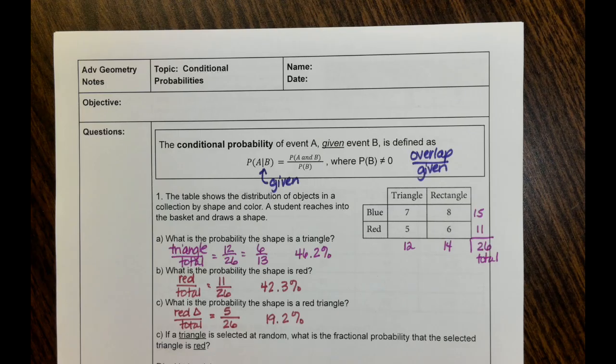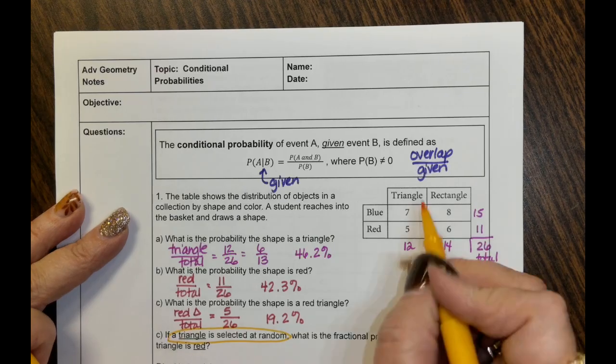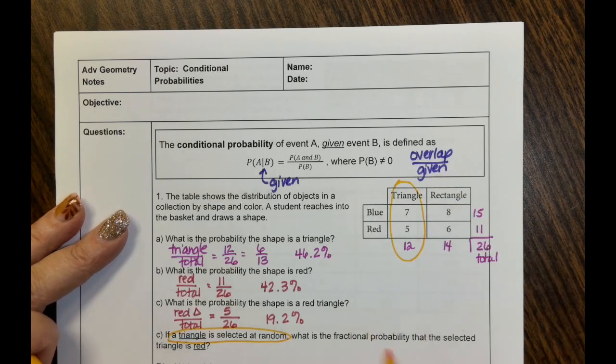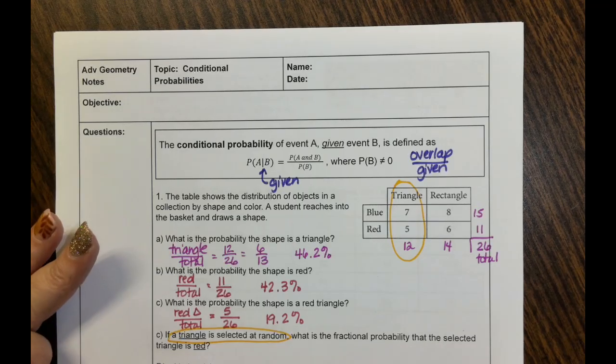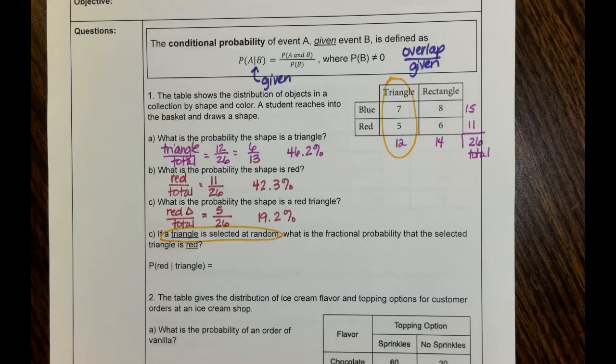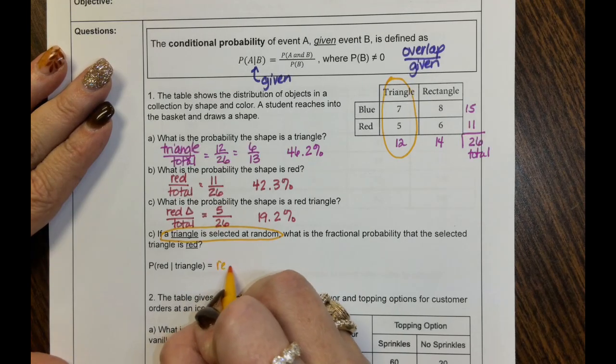Okay, and then the last one says if a triangle is selected at random. So we are only looking at triangles. If a triangle is selected at random, so only look at triangles. What is the fractional probability that the selected triangle is red? Okay, so what we're looking for on top is a red triangle.